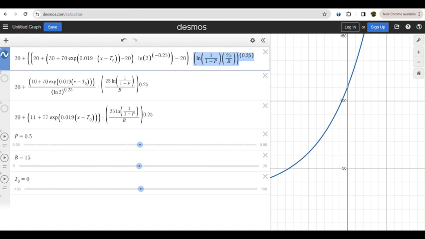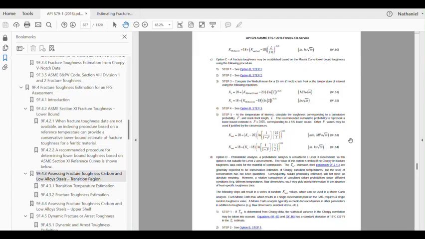That's a factor to move the equation right and left, and then 20 plus that. That's kind of our horizontal asymptote.